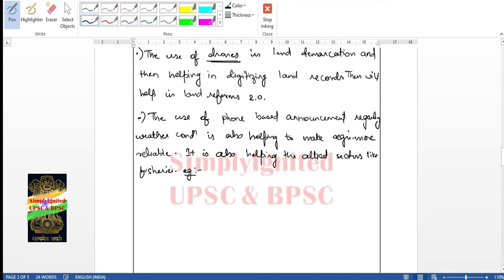Example: fishermen are warned before the cyclone that they should not go fishing.